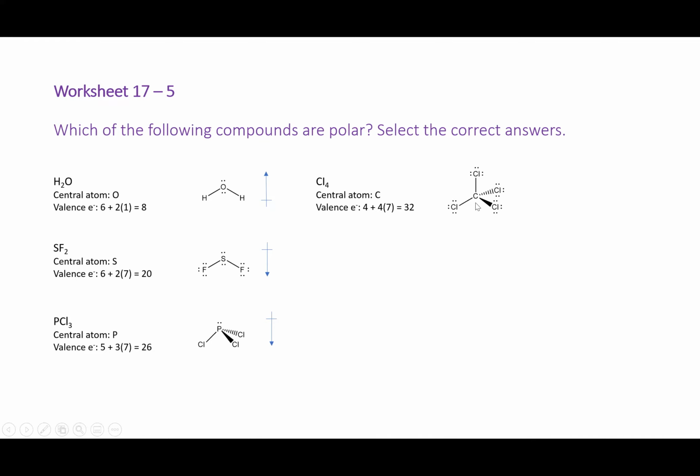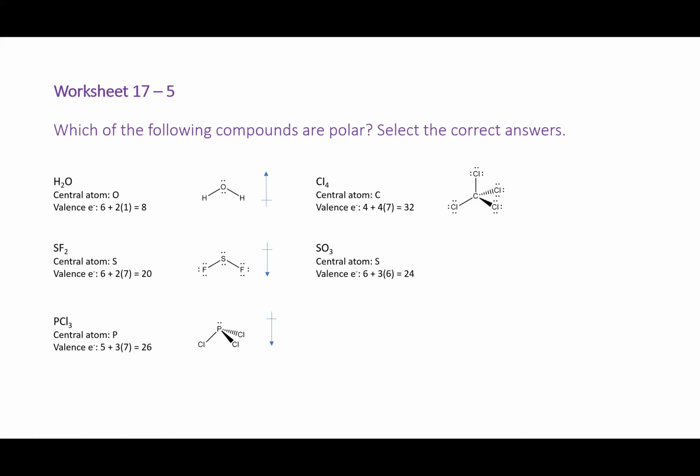Because the iodines are more electronegative compared to the carbon, they're going to be pulling electron density away from the carbon. But it's pulling electron density in 4 different directions, all in equal magnitude. In this case, if you turn the molecule around in any direction, it's going to look the same. So there is no net dipole moment, so this makes it a nonpolar molecule.